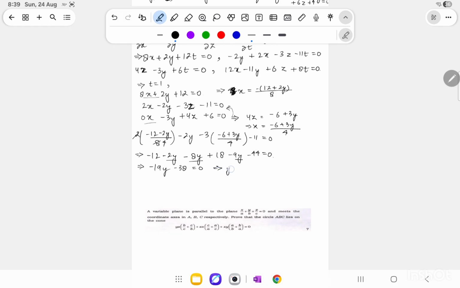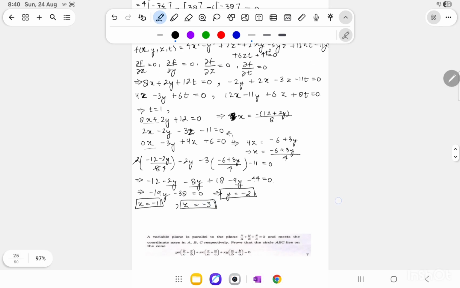So from here I got my y as −2, and I can substitute this value of y in x. So I got my x as (−12 + 4)/8, which is −1, and my z as −12/4, so −3.